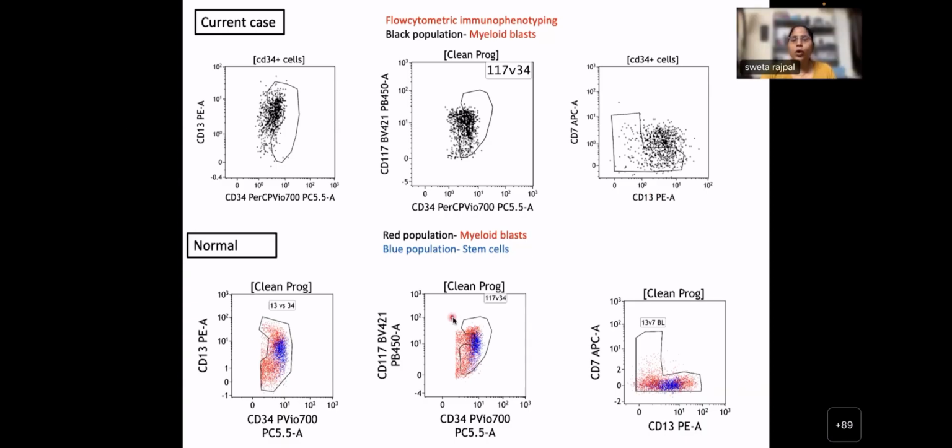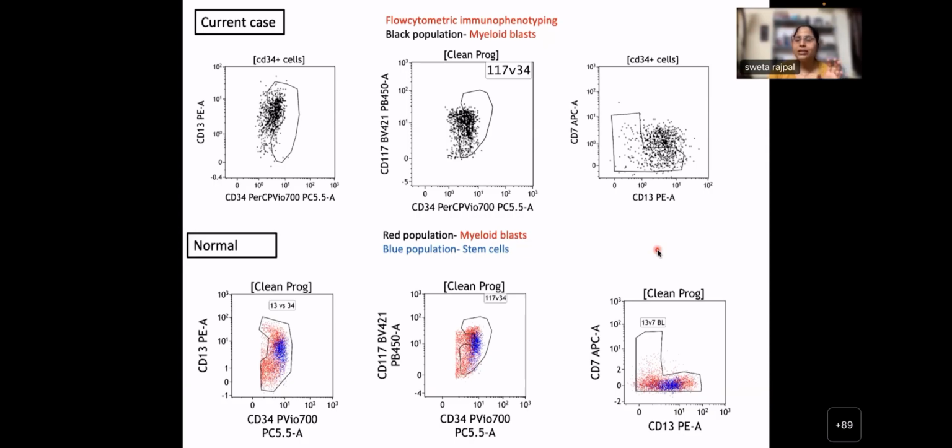Okay, so what happens is, when you're doing a bone marrow aspirate, you may dilute the aspirate sometimes. So that may be one of the reasons. But in this case, we had also seen promonocytes, and those are usually CD34 negative. So that is why the CD34 positive component that we have seen is very low in this case.